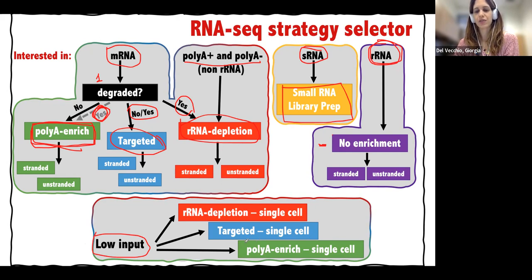So you can still use the poly-A enrichment approach, targeting the messenger RNA. If your RNA is low quality, you can use a single cell targeted approach as for BD, for example.